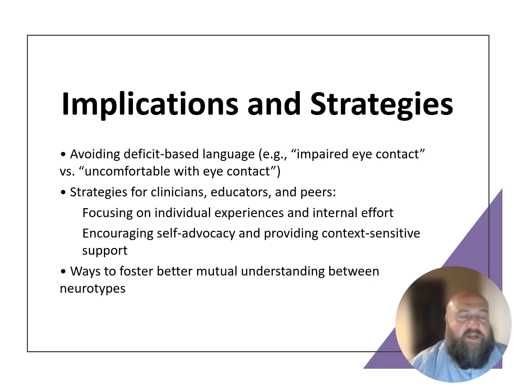So, when we talk about some of the implications and strategies here with aspects of nonverbal communication with individuals with ASD, one of the first things I want to talk about is to not use what we call deficit-based language. So, not saying something like impaired eye contact. Say maybe the child's uncomfortable with eye contact, right?